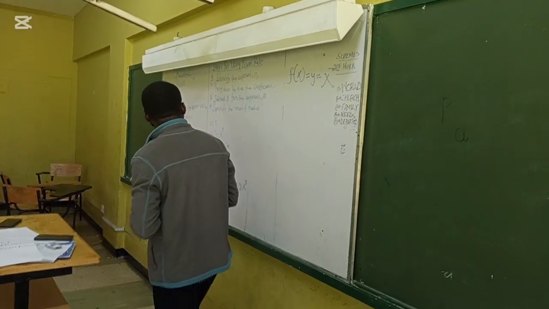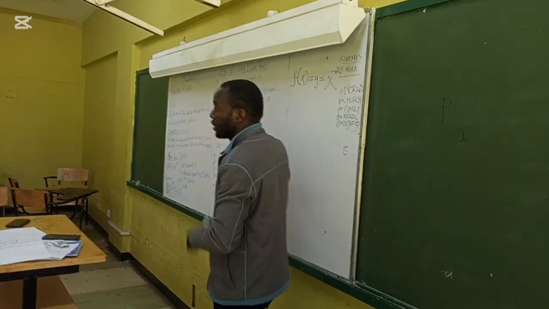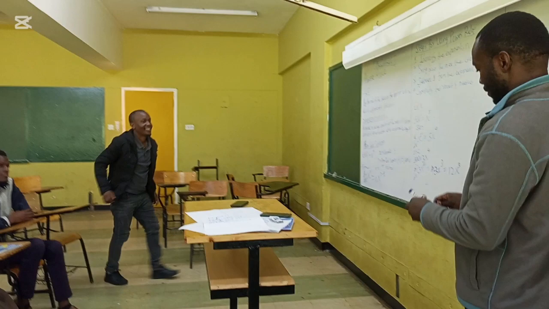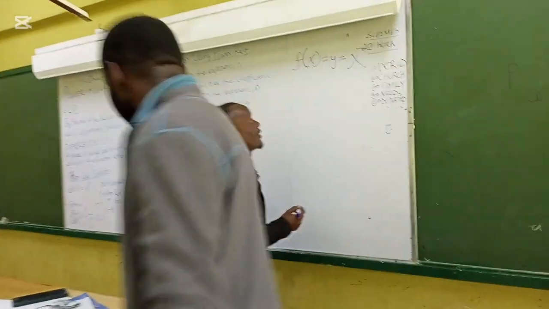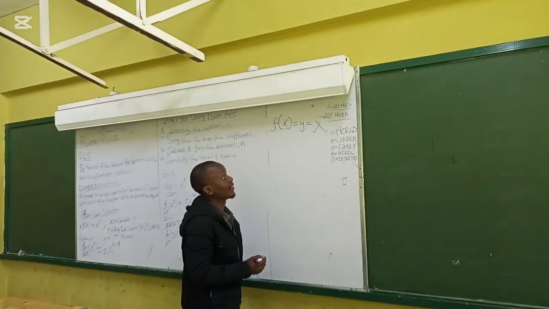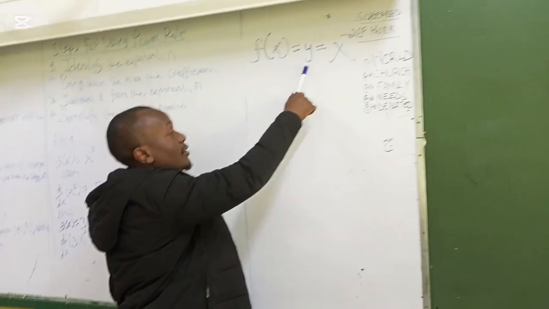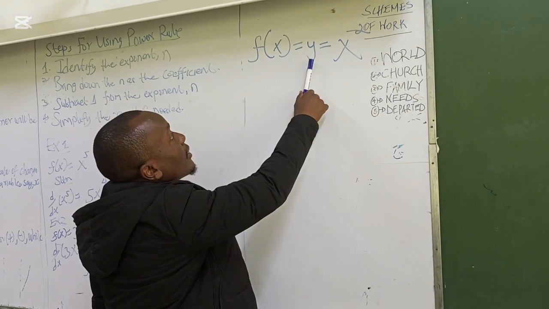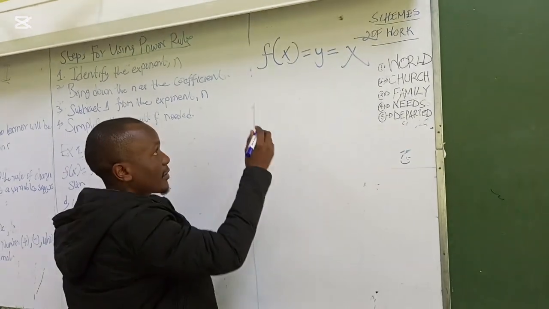Please, can you try? You can just follow the same procedure. Identify the exponent. Patrick, tell us what the exponent is and what you do to it. Just tell us the whole process of power rule differentiation. So we're trying to differentiate y with respect to x.